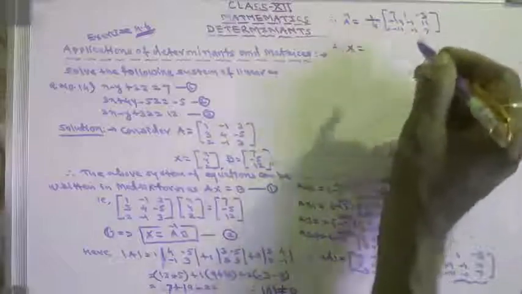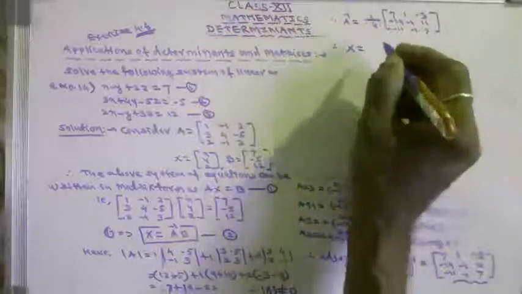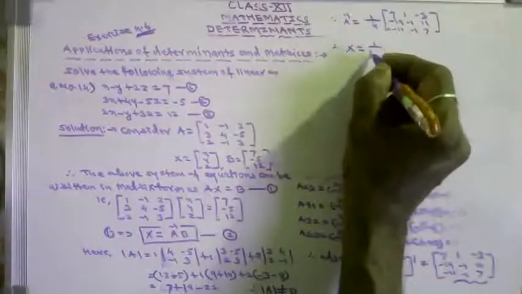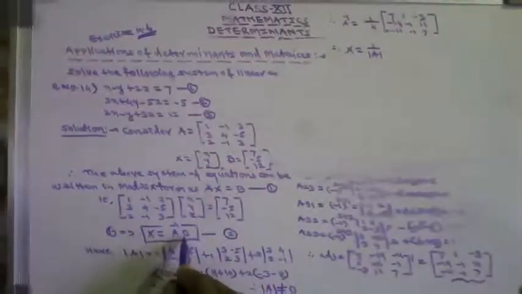Therefore capital X equals 1 upon determinant of A into B, or 1 upon determinant of A, adjoint of A is your A inverse. See here what is X: A inverse into B. A inverse is this one.